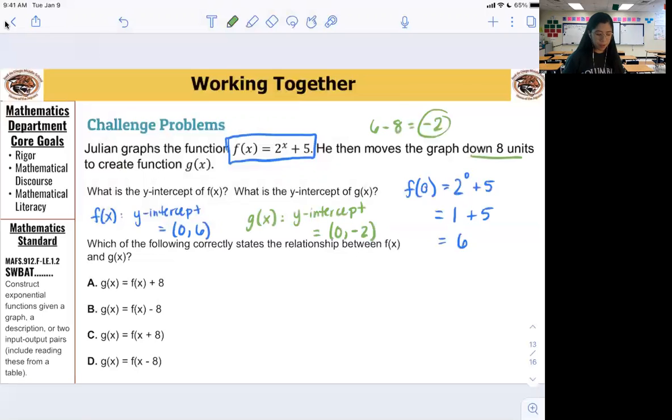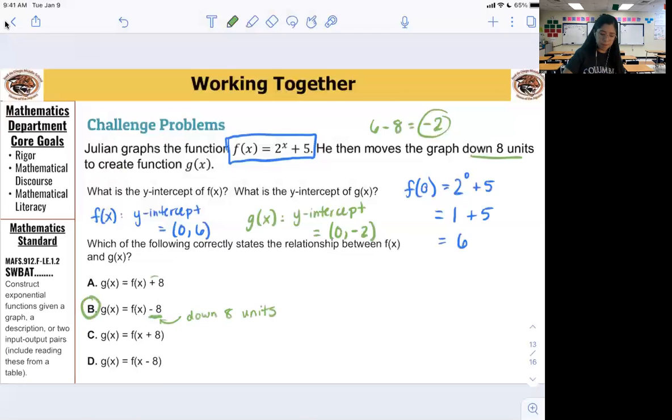Okay, then which of the following correctly states the relationship between f of x and g of x? Take a look. If you know the answer, you can shout it out. B. Good, B. g of x is f of x minus 8, down 8 units.